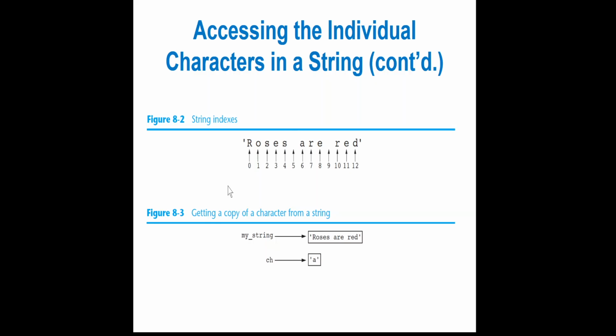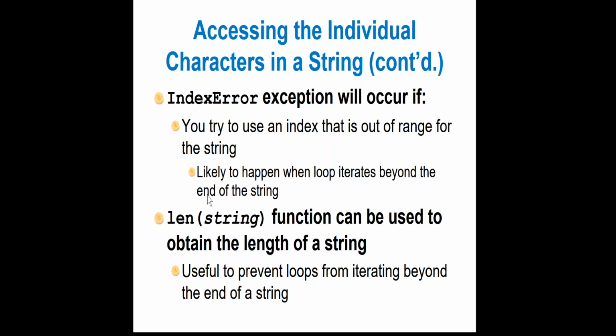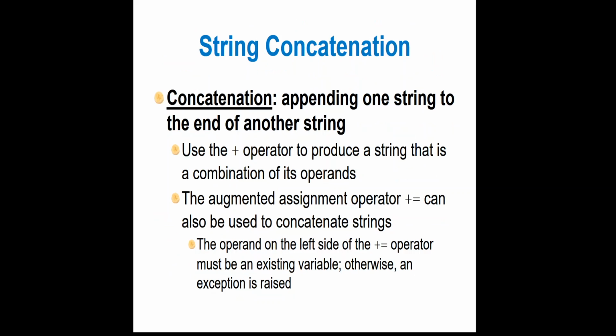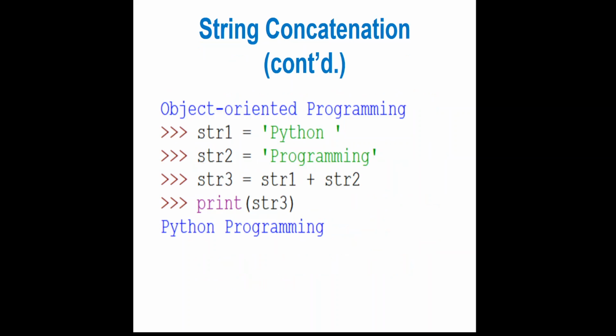That's possible. So I hope this point is clear. Once a string is assigned, you cannot change it under the same name. You can create a new string using this one, modify it in a certain way, and then assign it to a new variable name. So if we are concatenating strings, that means we are creating a new string.